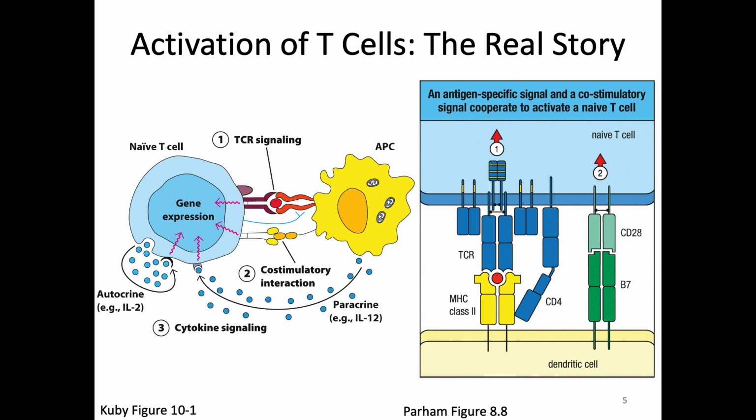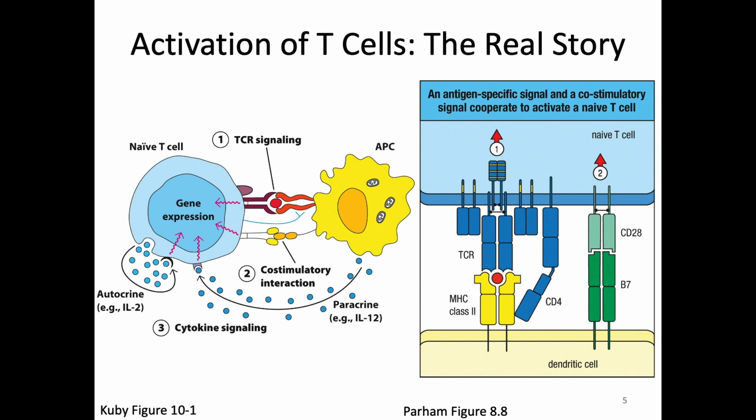Signal 1 and signal 2 are very standard immunology terms, whether you call this one signal 3 or not. Different people do different things. We're going to have this signal from the T cell receptor known as signal 1. That's important. But there's also this second signal, this co-stimulatory interaction that I will mention a little later today, and talk about much more on Friday, that is really critical for making this work.